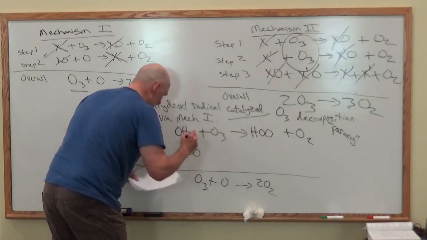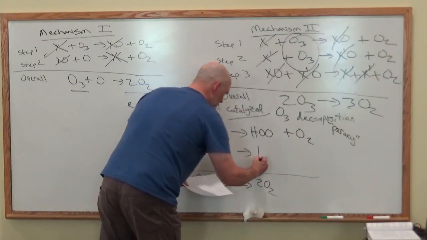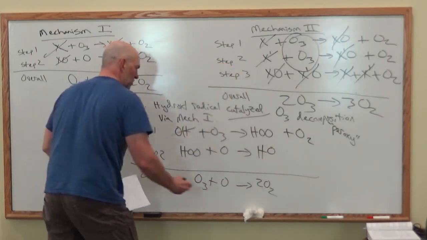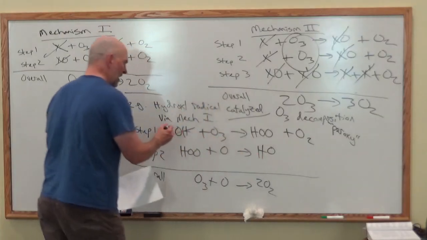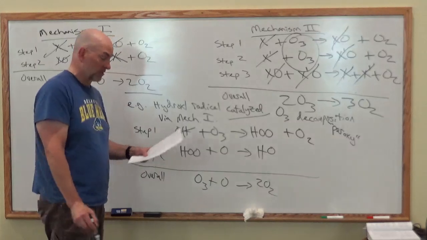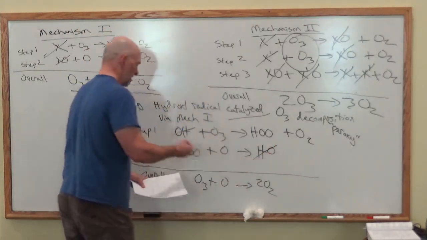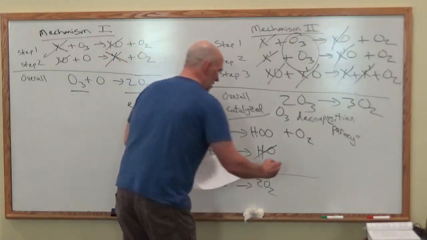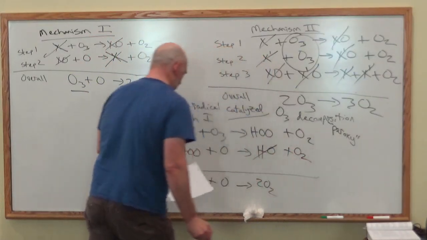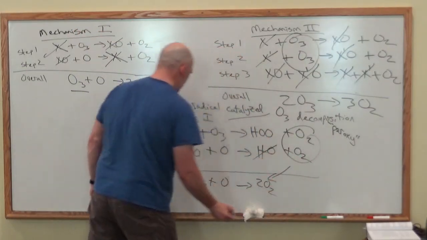That peroxy HOO free radical reacts with atomic oxygen to regenerate the original free radical. Whoops, I wrote that as OH there and HO there. You know what? That doesn't matter. I'm kind of glad I made that mistake in these notes. OH and HO, those are the same. Plus O2. And does it work? Yeah, that'll work. 2 O2s.